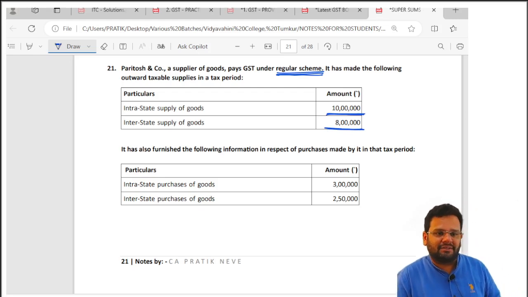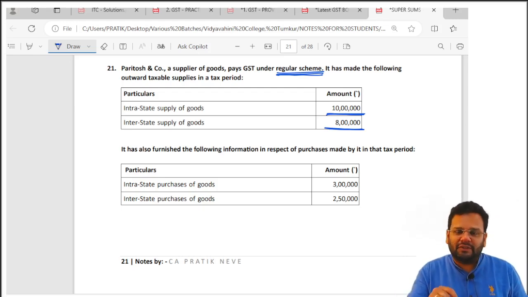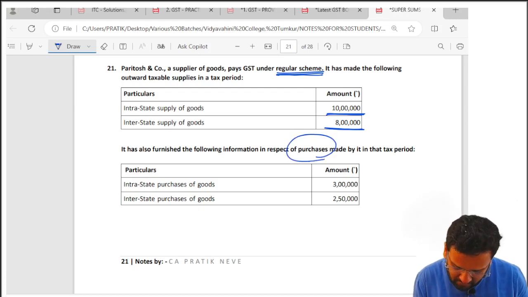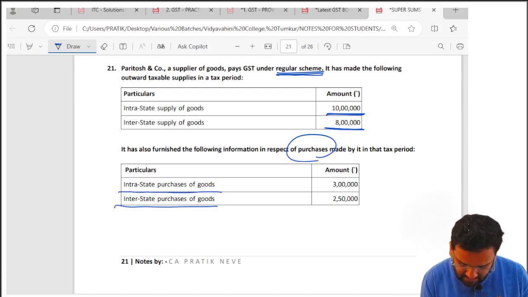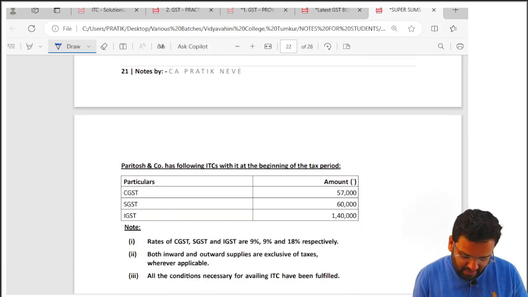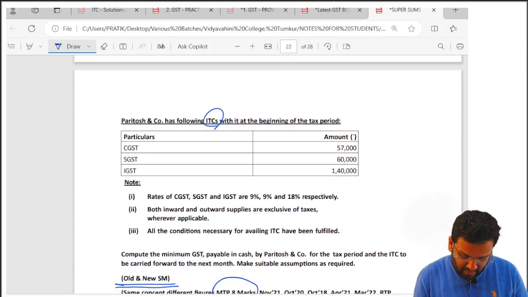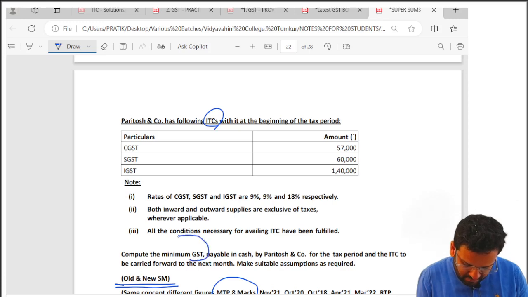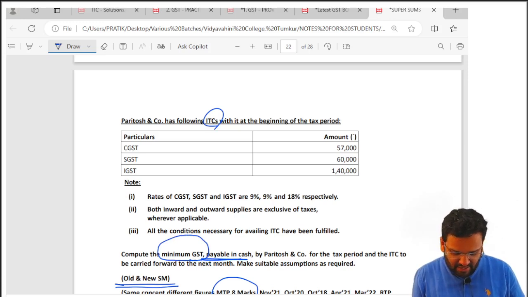It has also furnished the following information in respect of purchases: intrastate purchase and interstate purchase, and then ITCs are given. Compute the minimum GST payable in cash for the tax period and ITC to be carried forward to the next month, and make suitable assumptions as required.